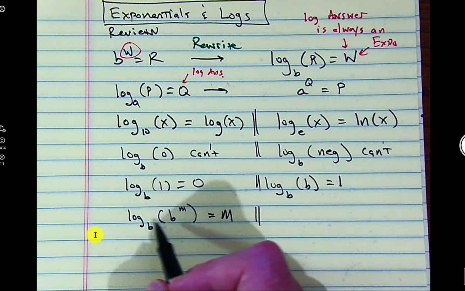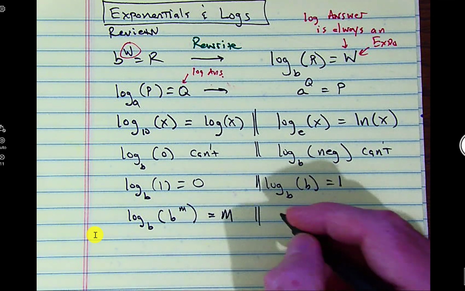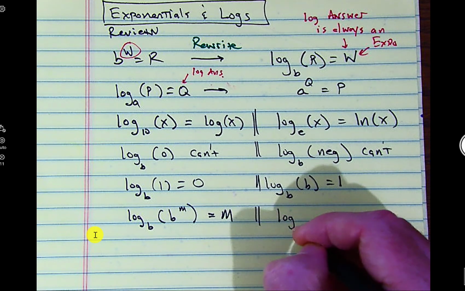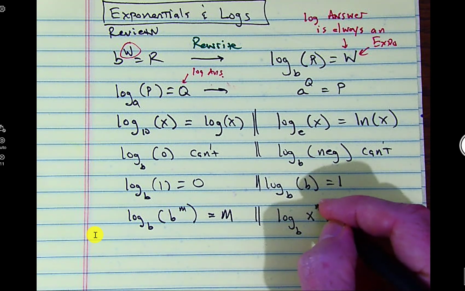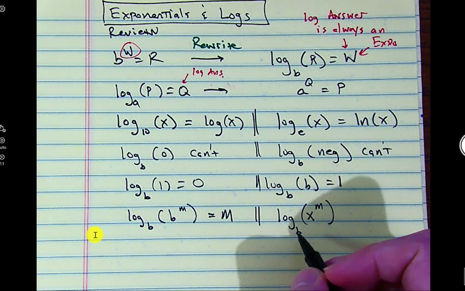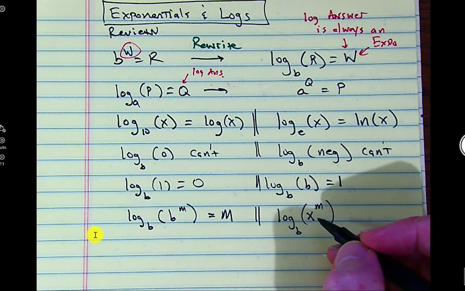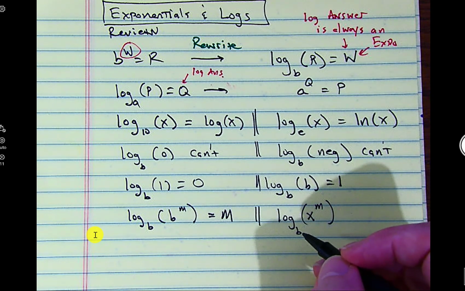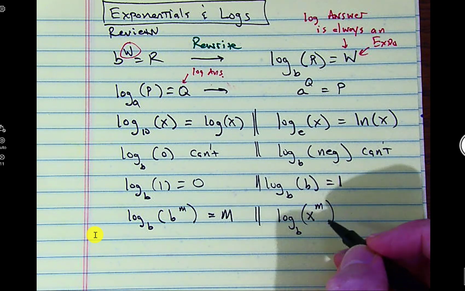Here is a similar property to this one, but not exactly the same. Log base b of x to the m power. This is log base b, and this is exponential base x. Exponential base x cannot be undone by log base b.